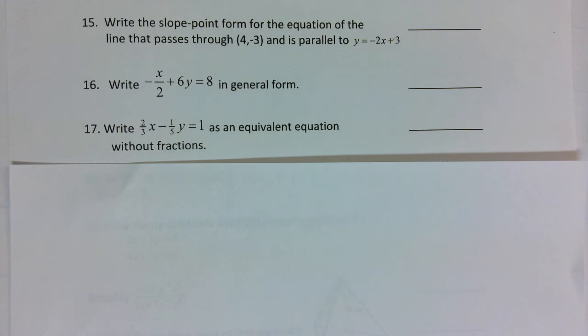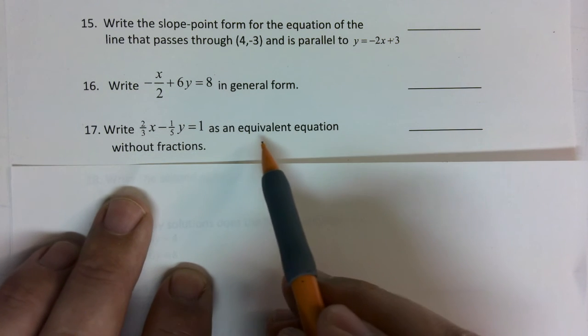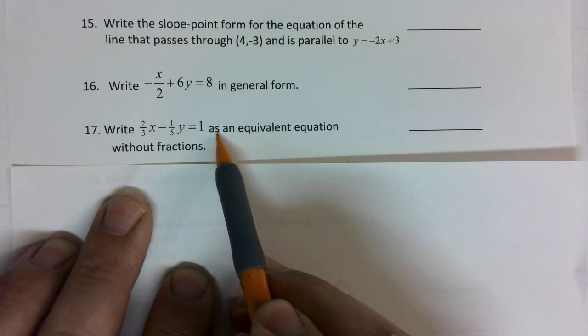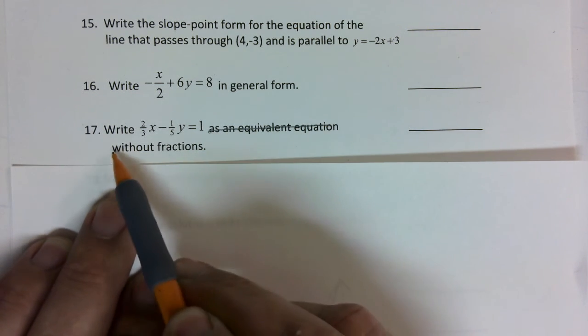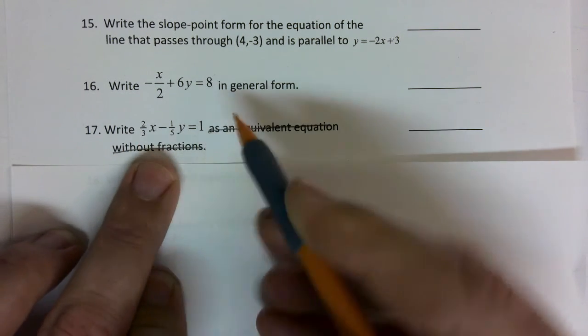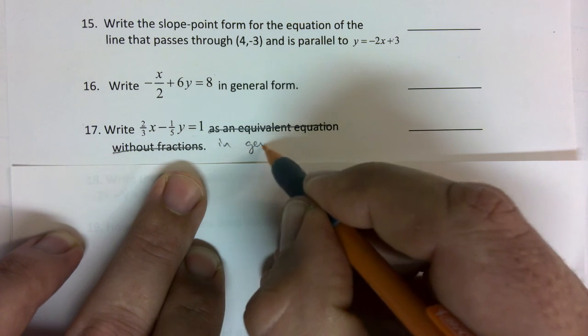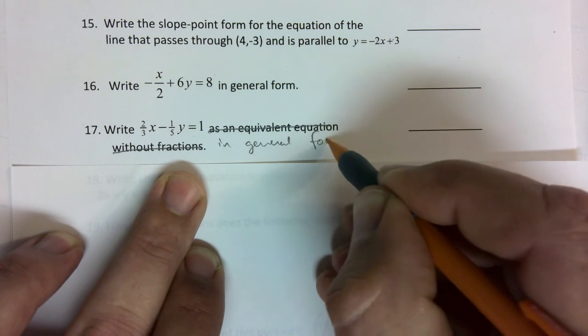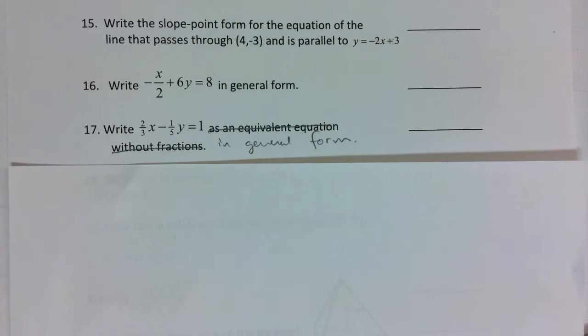I will just say rewrite that. This is way easier. I don't know why. Let's get rid of that. Write this in general form. Then I'm covering all my bases because general form does not want fractions and it wants everything on one side. Okay, so go ahead and do that.